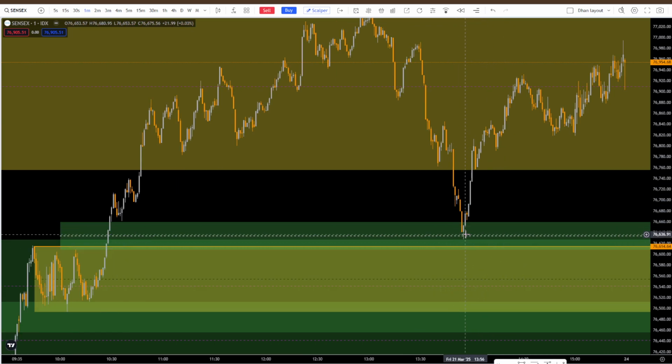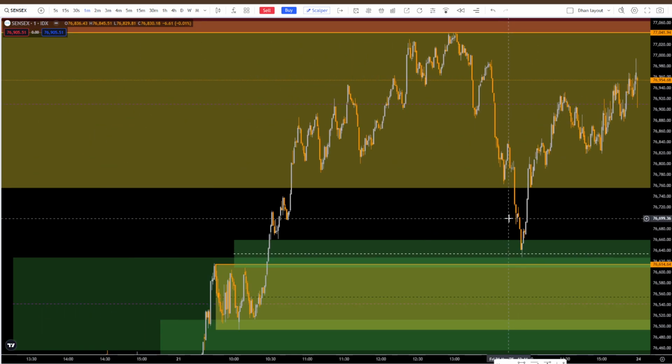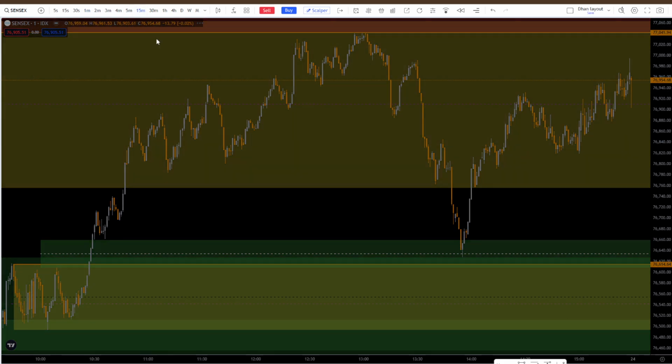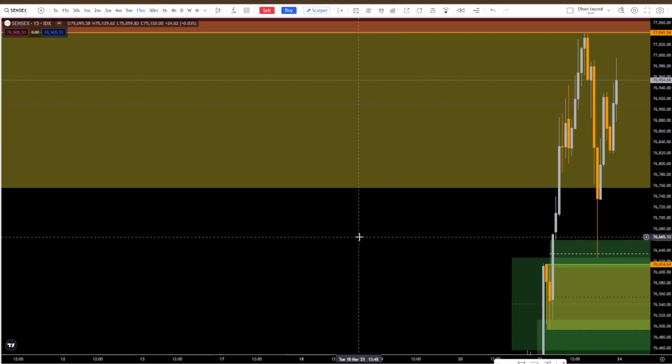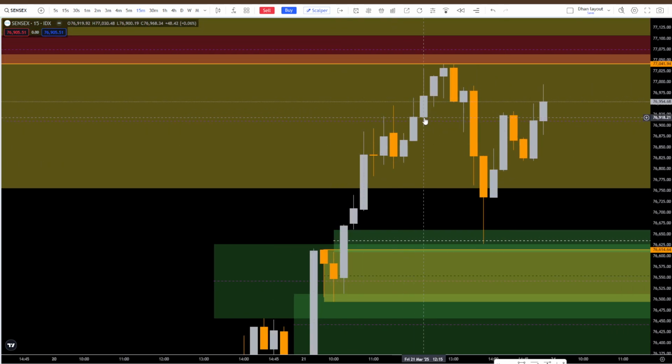And of course, my stop loss is never too far, was just below this fair value gap. But yeah, it was a high probability trade. So I just wanted to share this with you, that especially 15 minutes and above, just keep marking those fair value gaps and use that as your target.